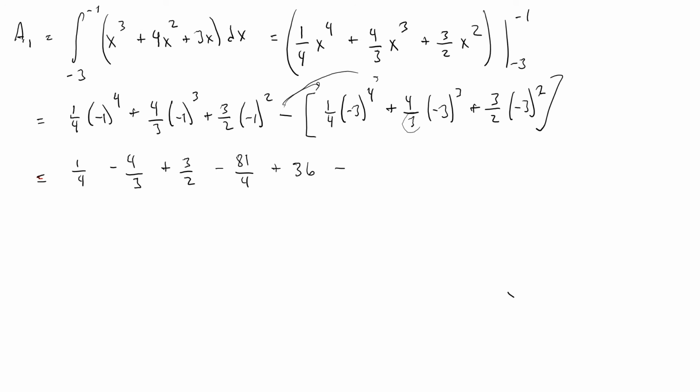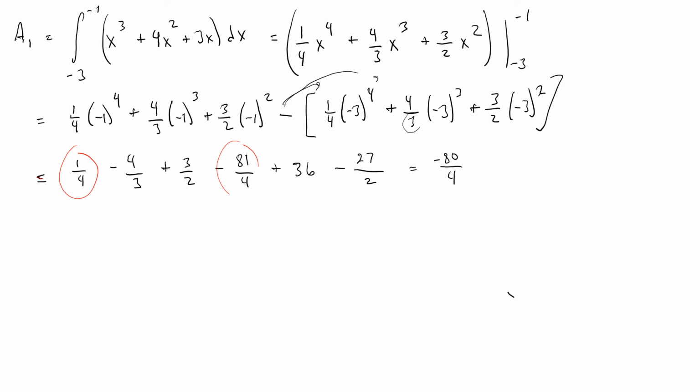Minus, and then 3/2 times 9, that's 27/2. Yep, negative 3 squared is 9 times 3. Okay. Now I have a lot of fractions to combine here. So the 1/4 minus 81/4, that would be negative 80/4. I combined 1/4 minus this 81, that'd be negative 80/4.